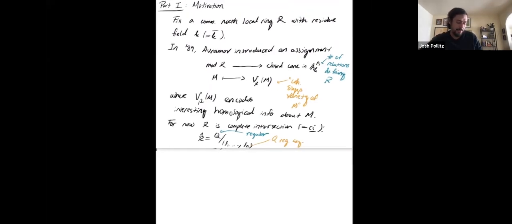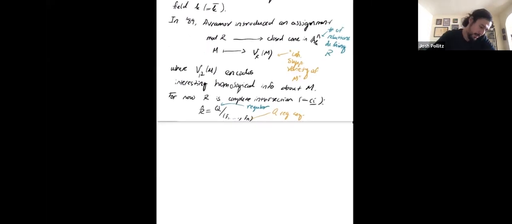So to motivate these varieties, the application is going to be in this setting for complete intersection rings. And here's what I think is one of the more beautiful applications of this theory. It kind of got me interested in this. This is due to Avramov and Buchweitz in 2000. Okay, so what does it say?